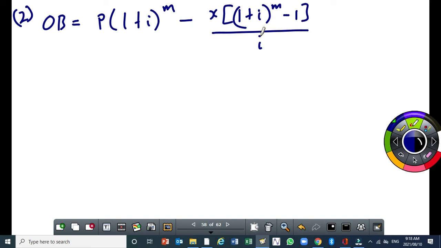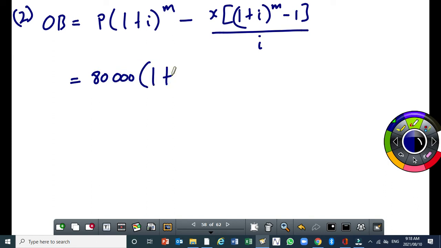So that's the formula. For this question, the m is also equal to n from part 1 of the whole question. Where there is P, we put the amount which was borrowed.